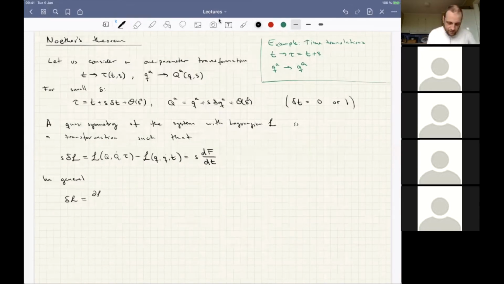It's dL/dq^a, so the derivative of the Lagrangian with respect to q, times the change in q, plus the derivative of the Lagrangian with respect to q dot times the change in q dot. But the Lagrangian can also depend on time, so in general we're going to also have dL/dt times delta t.